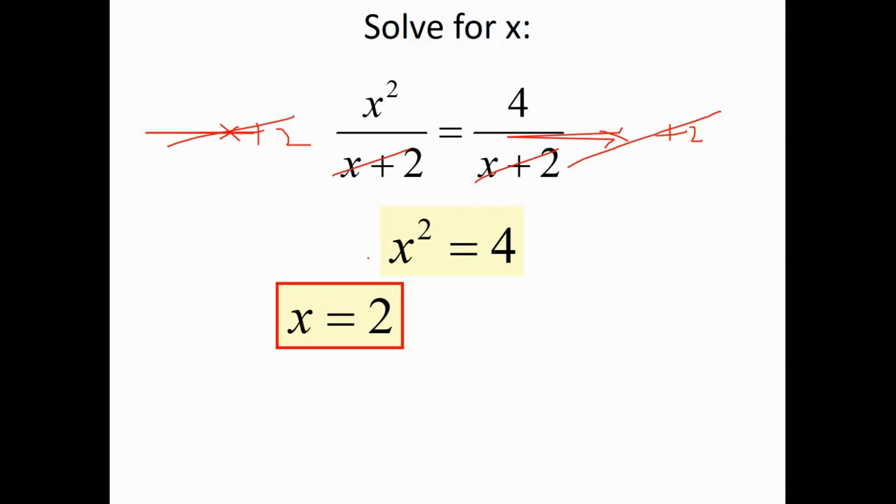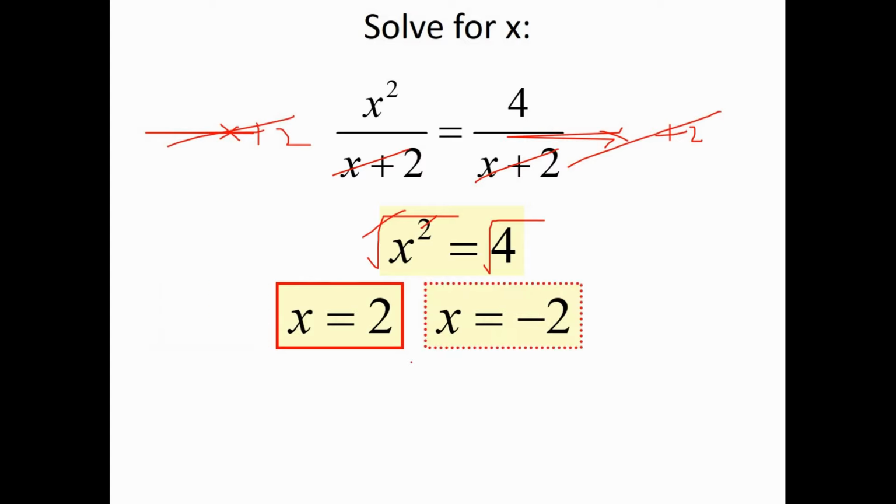Para mawala si squared, use square root, cancel. So, x is equal to 2. And, kapag nag-square root, di ba, laging dalawa siya. It's positive 2 and negative 2. Kasi di ba, 2 squared is 4. Negative 2 squared is still 4.